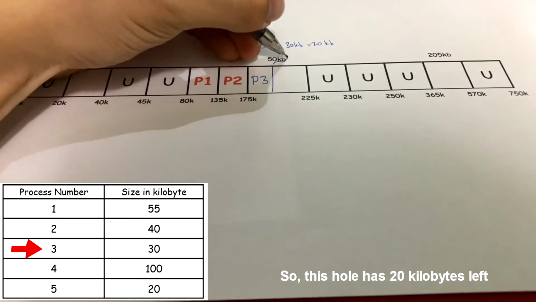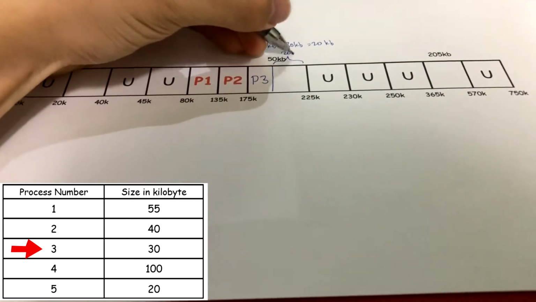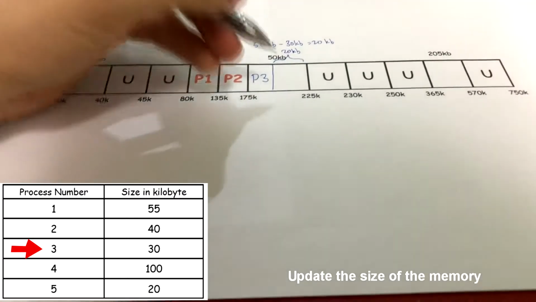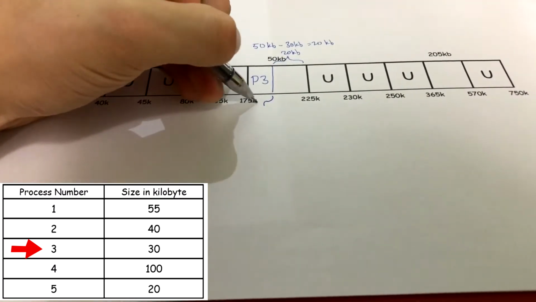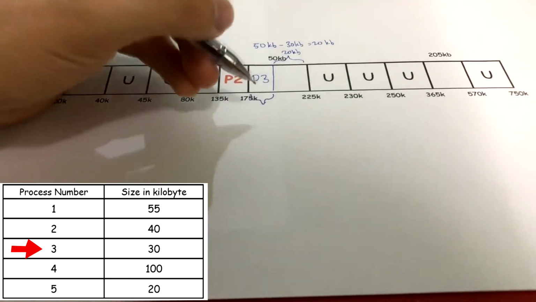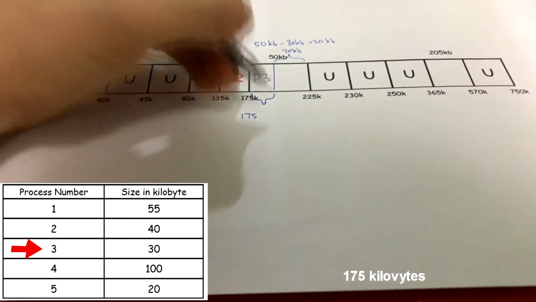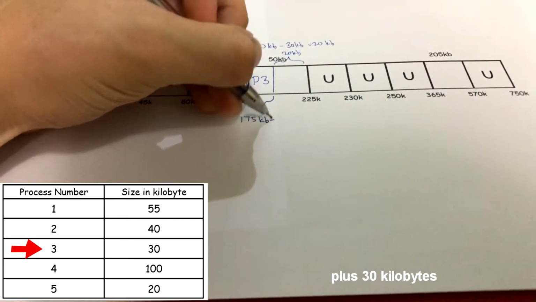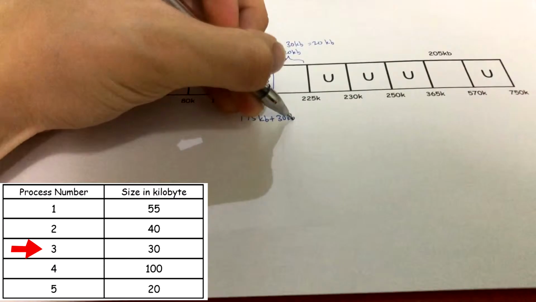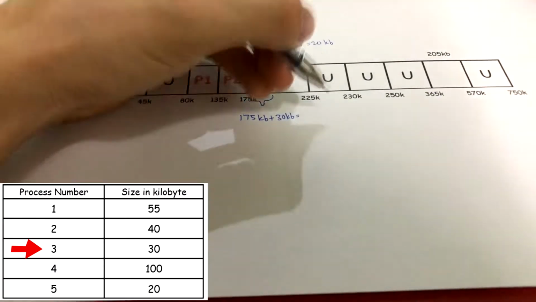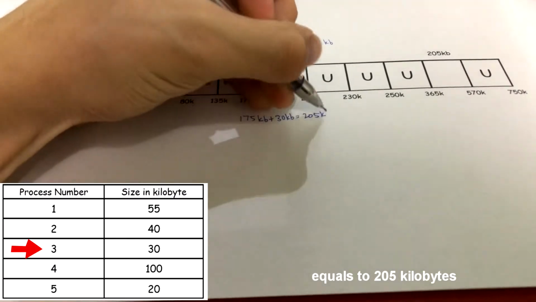So this hole has 20 kilobytes left. Update the size of the memory. 175 kilobytes plus 30 kilobytes equals 205 kilobytes.